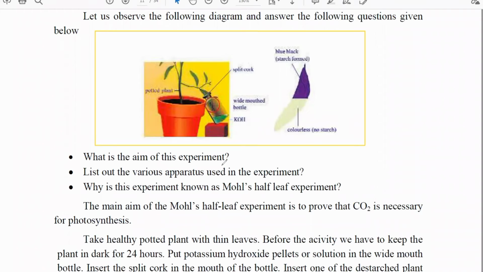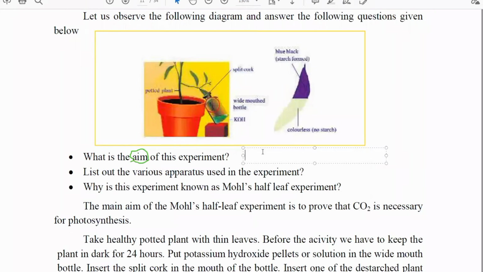What is the aim of this experiment? The main aim of this experiment is to prove that CO2 is essential for photosynthesis.